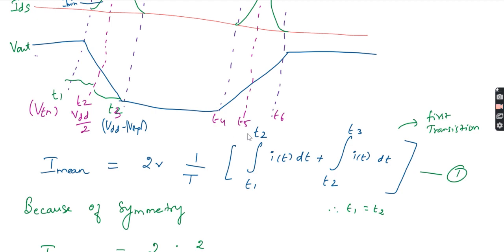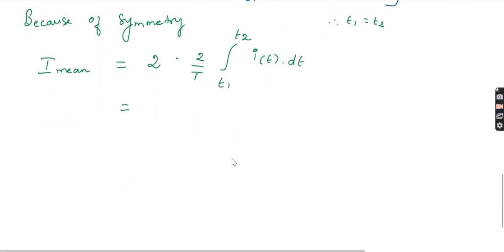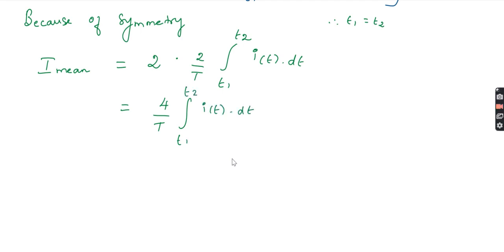So now again it is twice. That is why I am going to take 2 into 2 by T, and take T1, T2. That is the reason I took twice. T1, T2 and T2, T3 both are the same. So we are going to write it like this: this will become 4 by T, integration T1 to T2, I of T into dt. This is equation number 2.